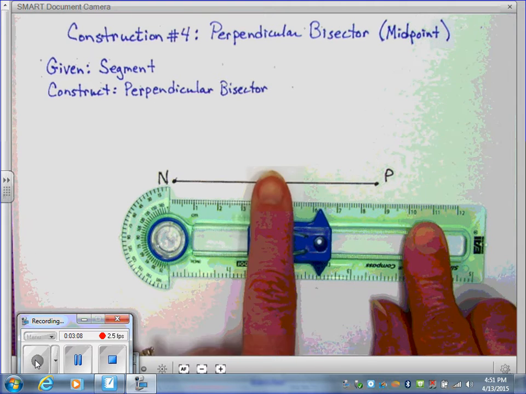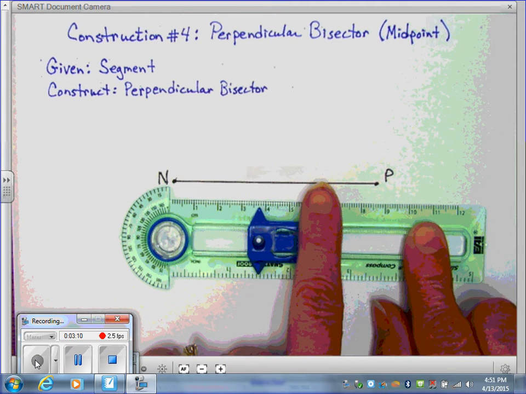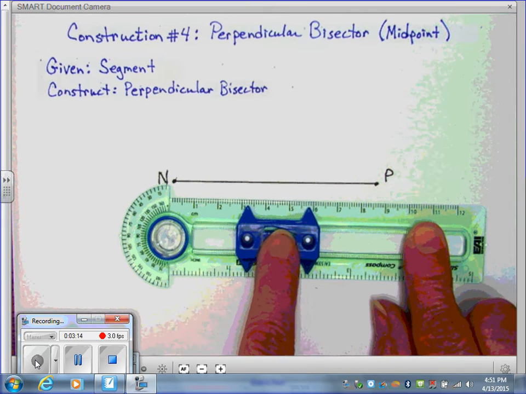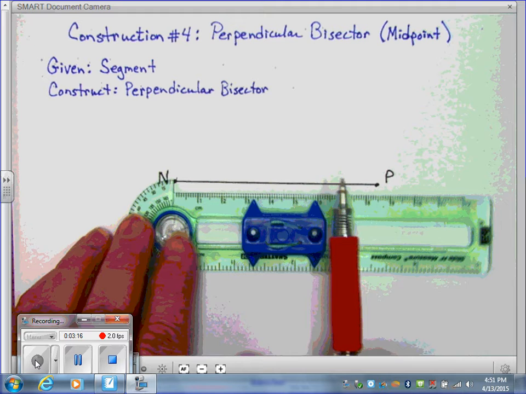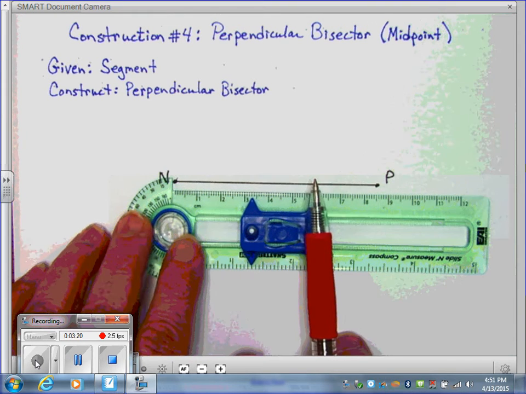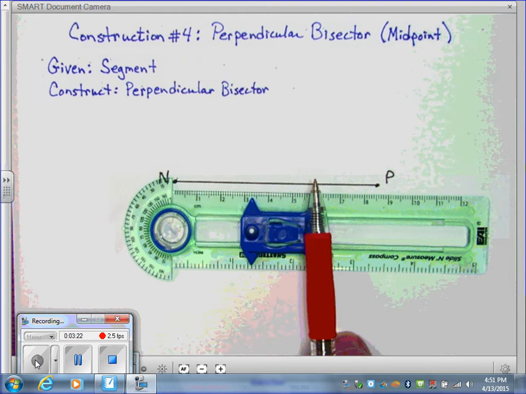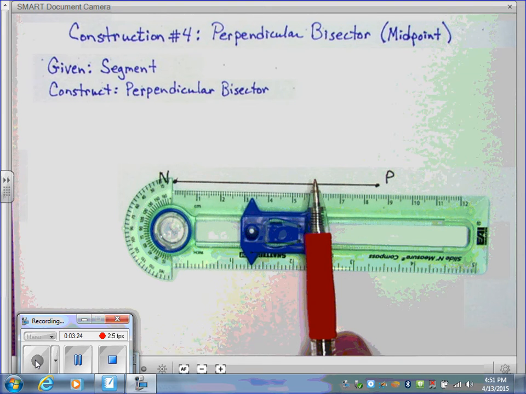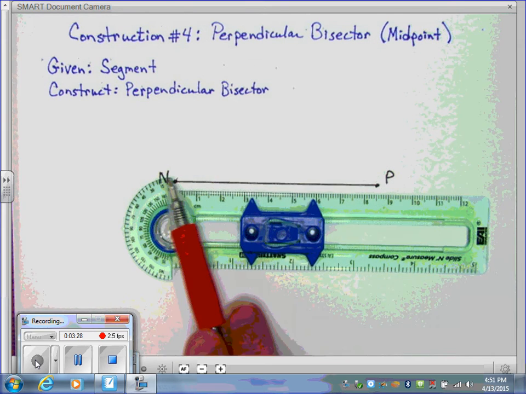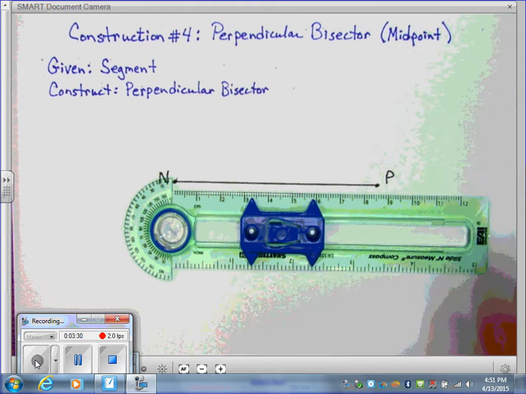I can visualize that about here's the middle, so I need something on my compass that's beyond halfway. So maybe I'll go right there. So I'm using this distance on my compass, and that's more than half of this line. Okay? More than halfway. So let me say it one more time. Set the compass to a measurement more than halfway the line.